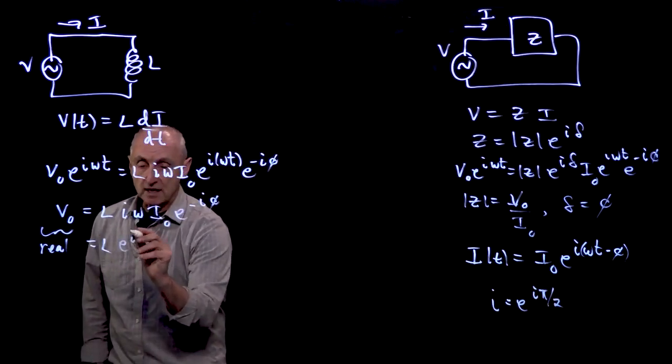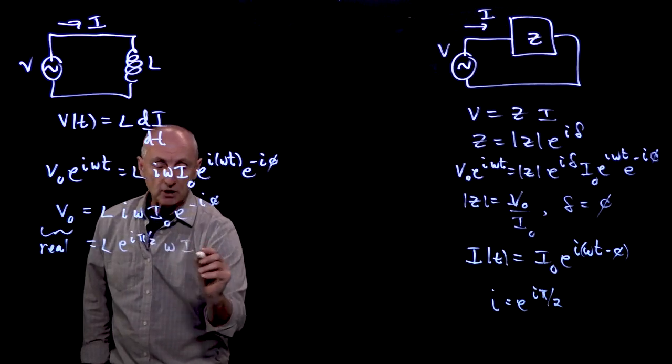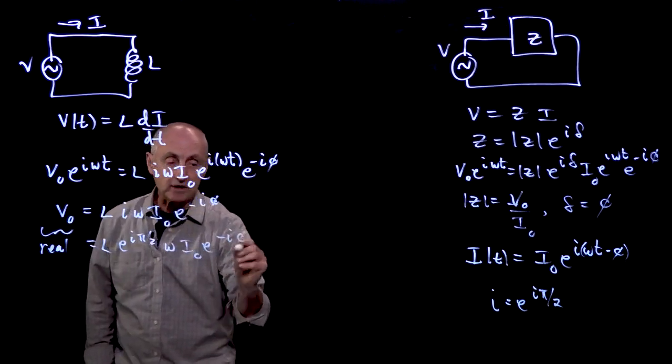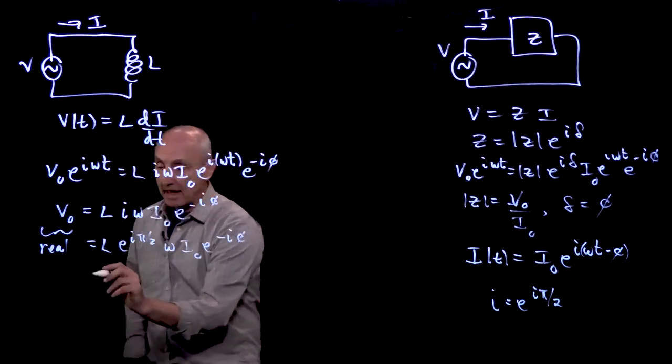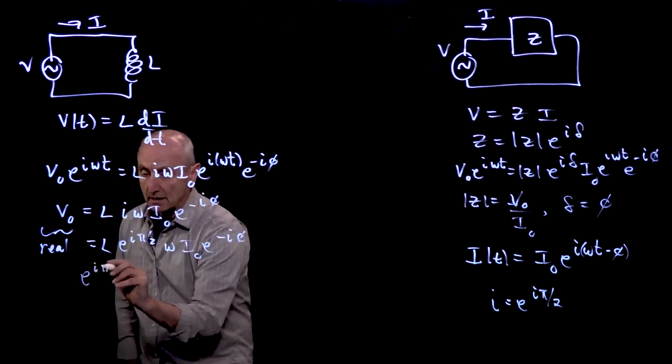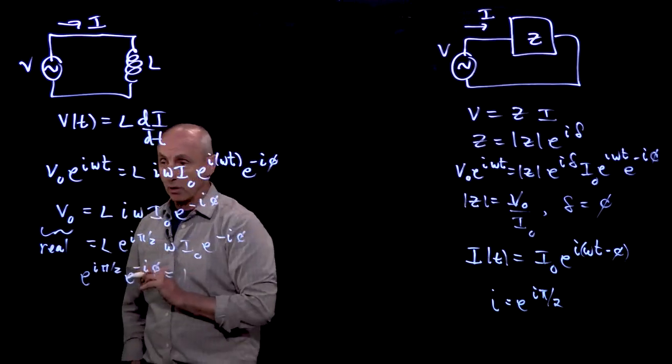We'll write the number i as e to the i pi over 2. So that's e to the i pi over 2 times omega times I naught times e to the minus i phi. And in order for this side to be real, we have to have that e to the i pi over 2 times e to the minus i phi has to be 1.